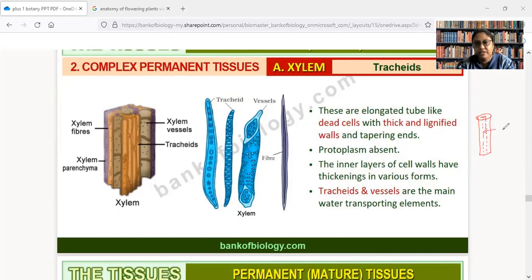This hollow cavity is known as lumen. Understood? So here this is the lumen. This lumen is very important for the transportation of water, because the size of tracheids can be up to 1 millimeter in length. So you can understand how long they can be.